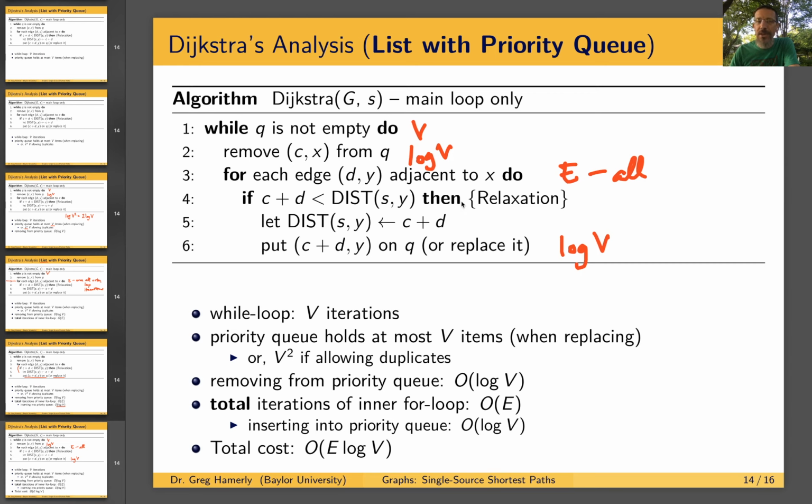The total runtime is V times log V plus E times log V. And again, we don't multiply this V times this E because this E counts over all edges in the entire graph, which we're only going to visit each edge once. And E times log V, because we might have to do an update where we insert into the priority queue each time. So E log V for, again, a list representation using a priority queue.